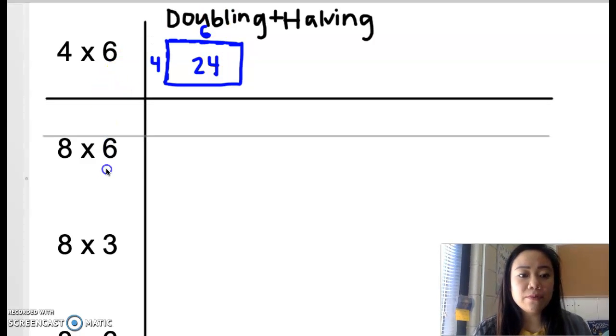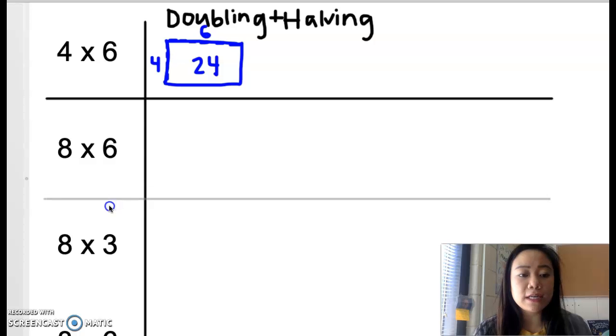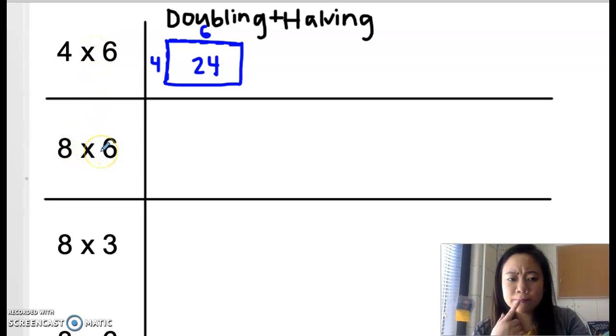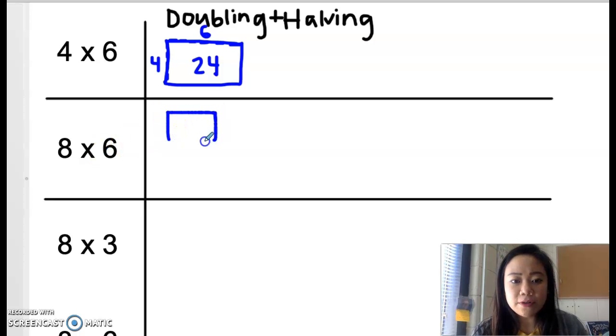So now that we know 4 times 6, how can we use that to help us figure out what's 8 times 6? I know 4 times 6 looks like this, and 8 times 6. What if this is 4 times 6 from earlier, right? This was 4 times 6.